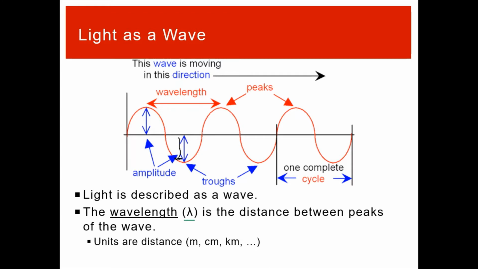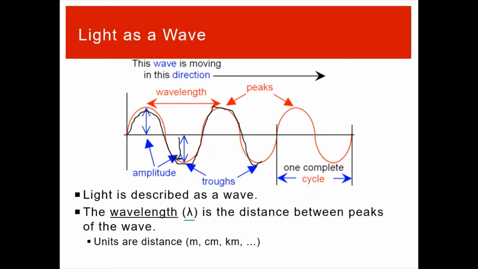This is a Greek lowercase l, so L for length, a lambda here. And this is the physical distance between peaks of the wave. So if you think about your wave going up and then down, how far apart in space are those consecutive up peaks? And it's the same distance between the down peaks, so the wavelength would be the same.